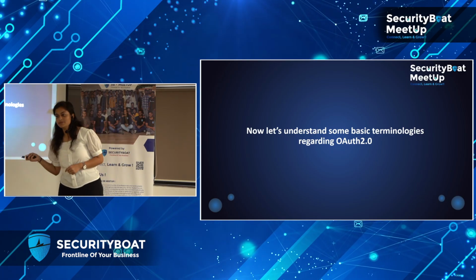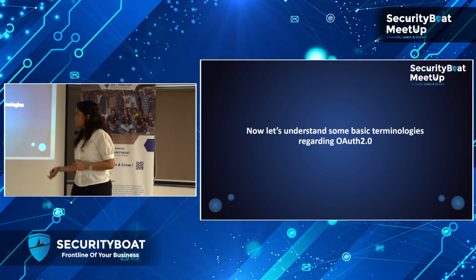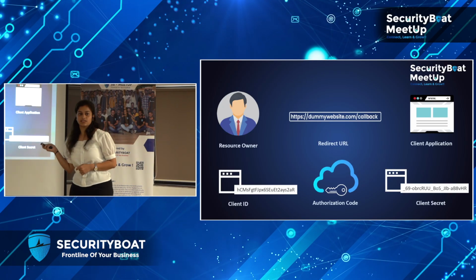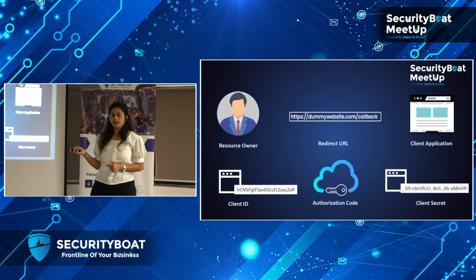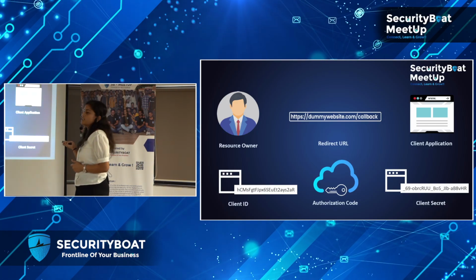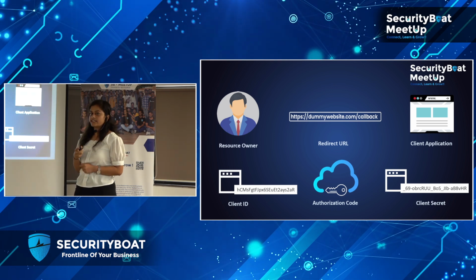Now understand some terms that we will use in further slides regarding OAuth 2.0. There you see a resource owner. Resource owner is the simple user, end user we can say, and the redirect URL will be the return path where the authorization server redirects to us.